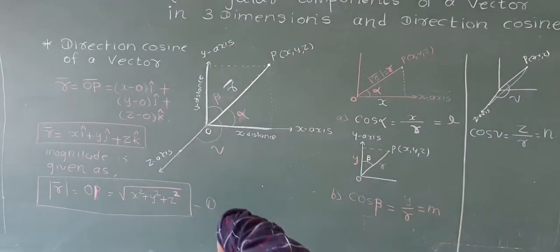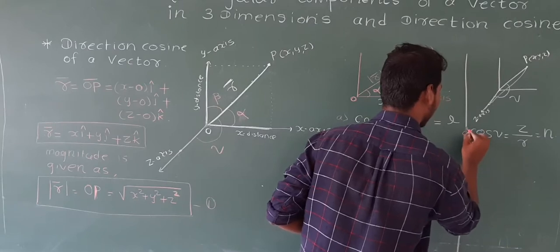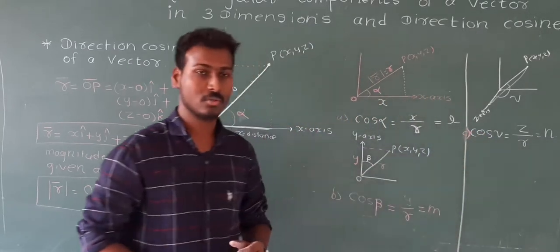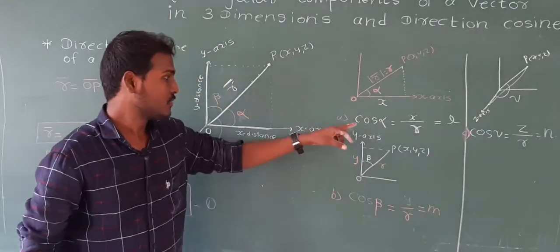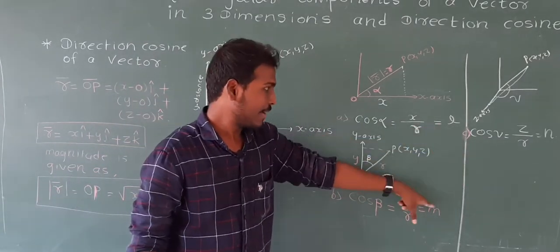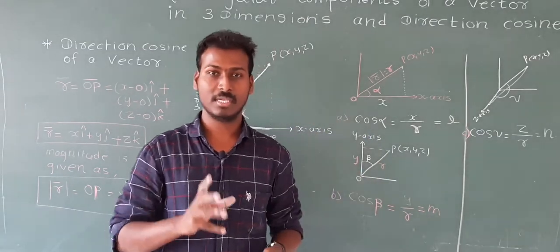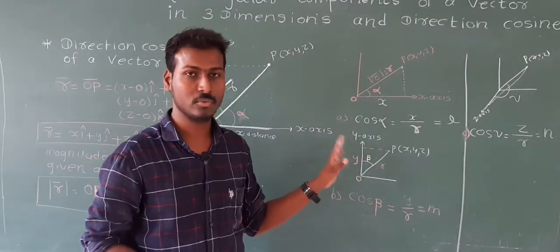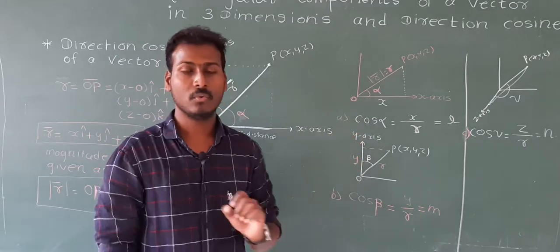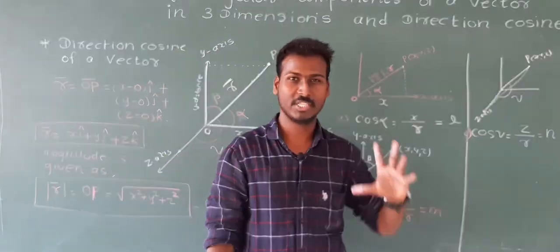So you can see here we have three direction cosines. The first one is cos alpha, cos beta, and the third one is cos gamma. l, m and n are the symbols for the direction cosines. So I have taught you three direction cosines. It's very easy. The only difficult thing is imagination of the z axis.